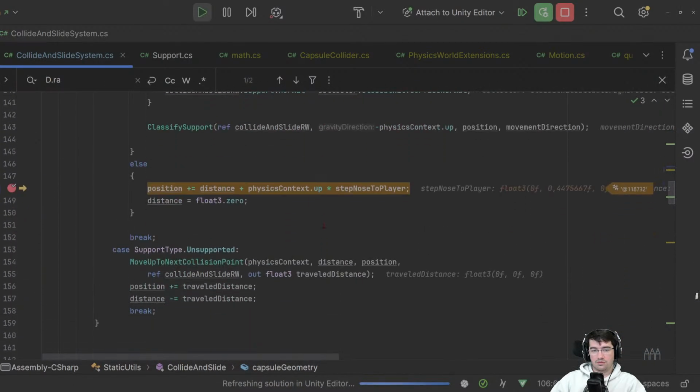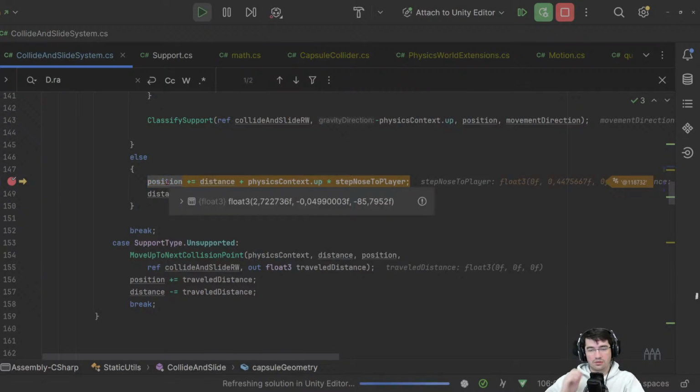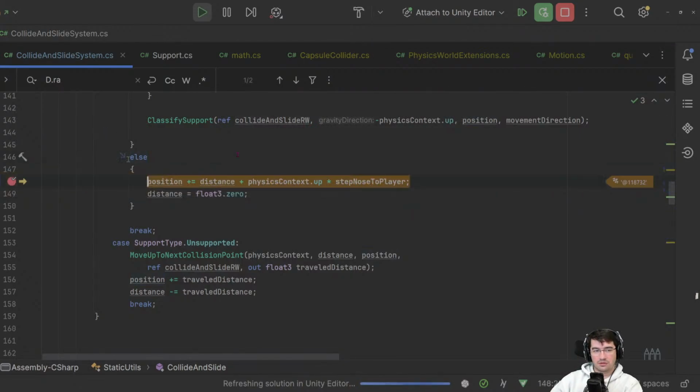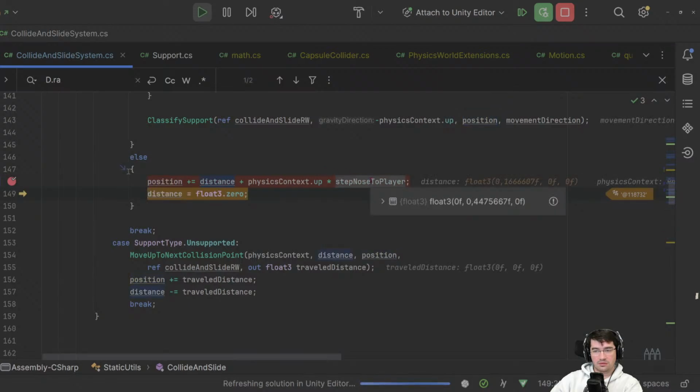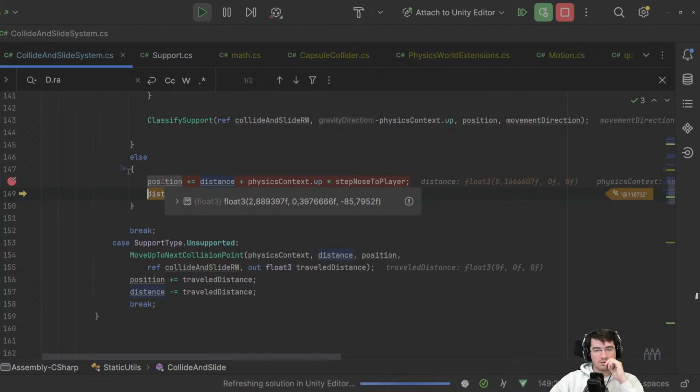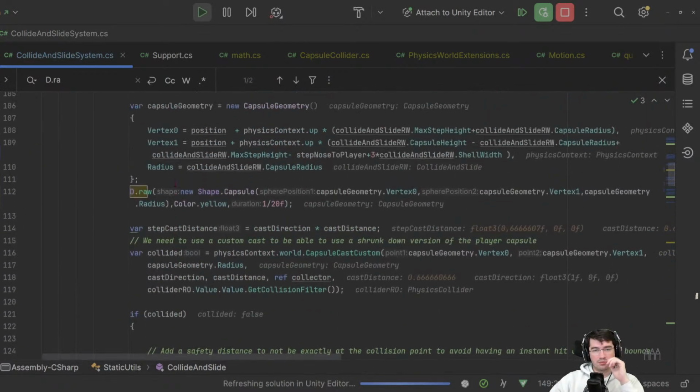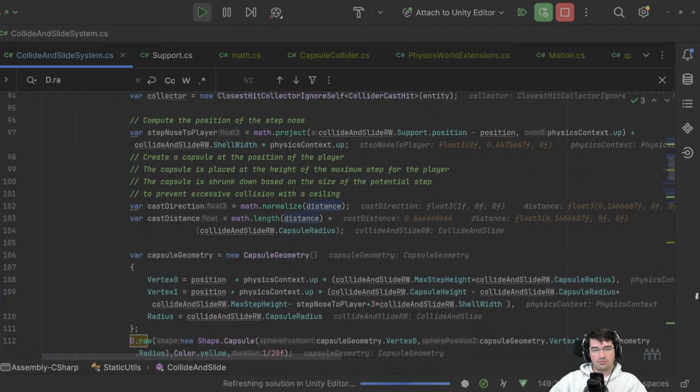So my current position minus 0.049. Why is my initial position below 0?